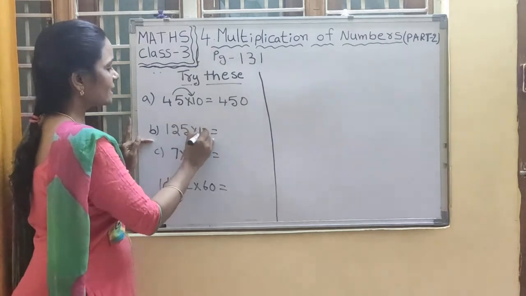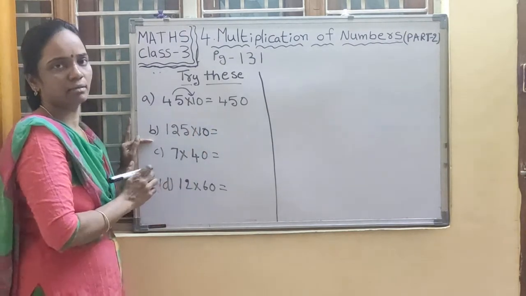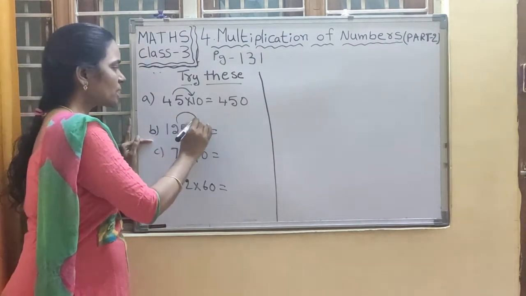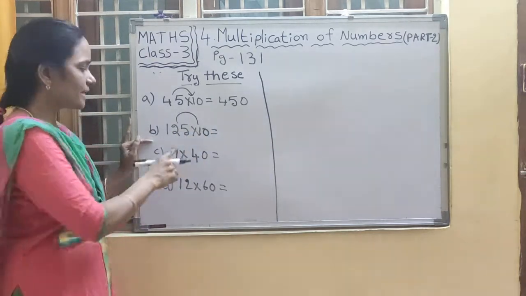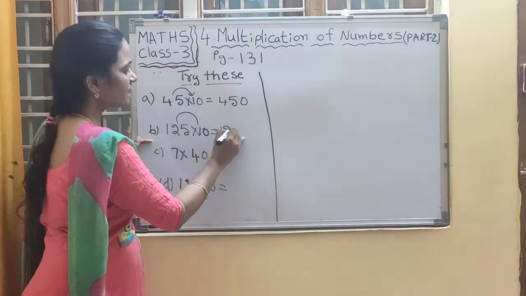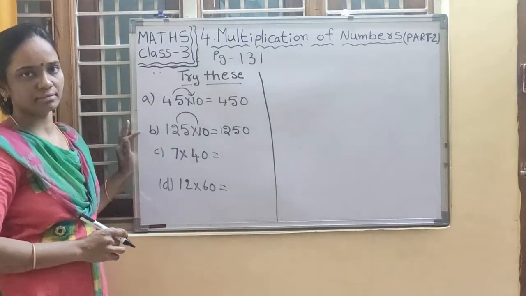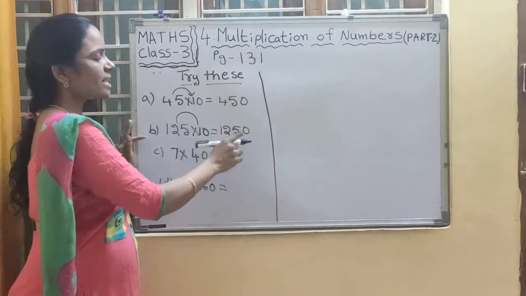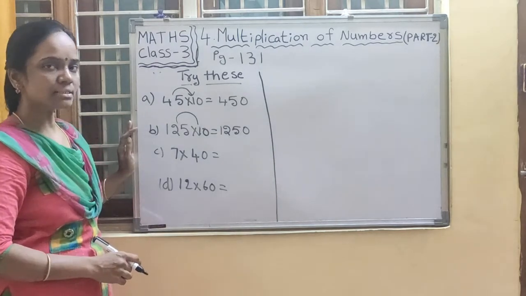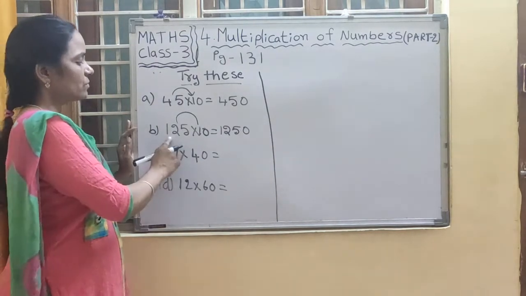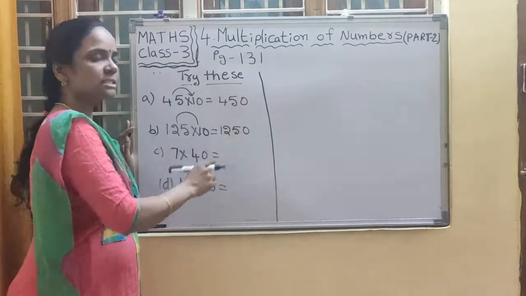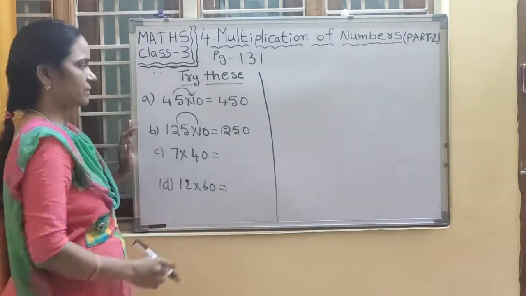Here 125 into 10. So 125 should be multiplied by 1. 125 into 1 is 125. Write down 1 zero. So it is 1250. What is the product? 125 into 10 is 1250.